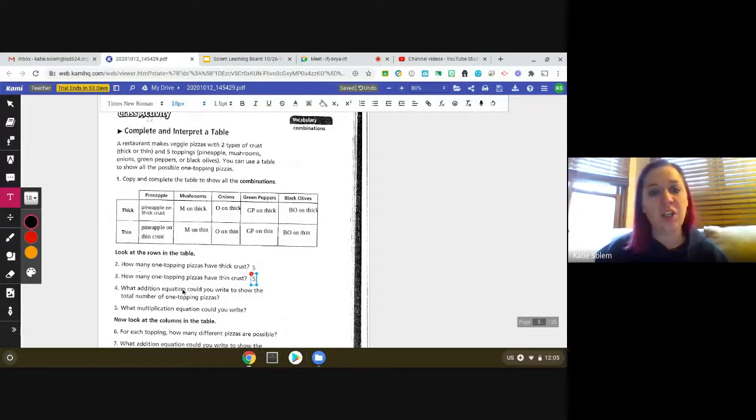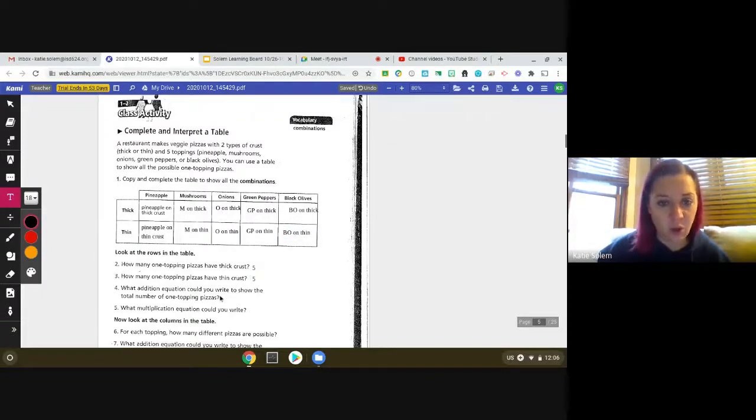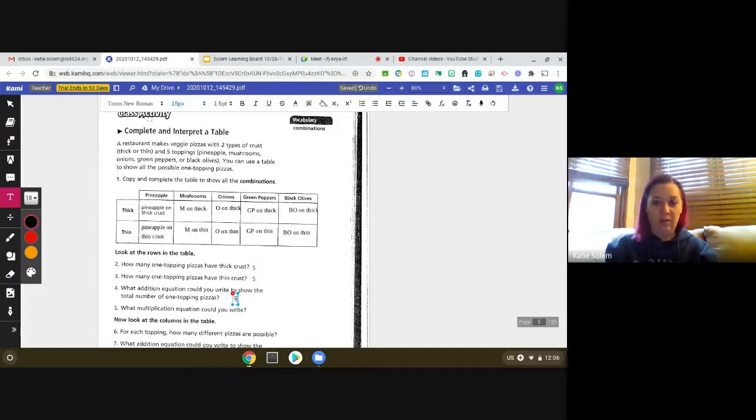What addition equation could we write to show the total number of pizzas? Well, if there are 5 possibilities for thick and 5 possibilities for thin, we could have a total of, let's see here, 5 plus 5 equals 10.